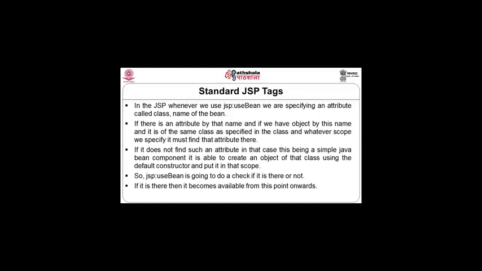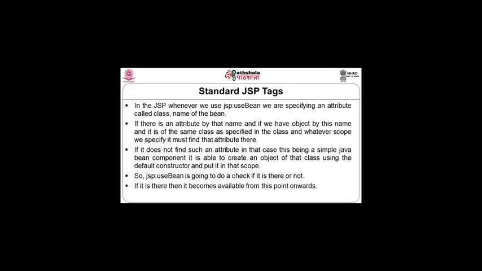If there is an attribute by that name, and if we have an object by this name of the same class as specified in the class, in the scope we have specified, one of those 4 scopes, it must find that attribute there.